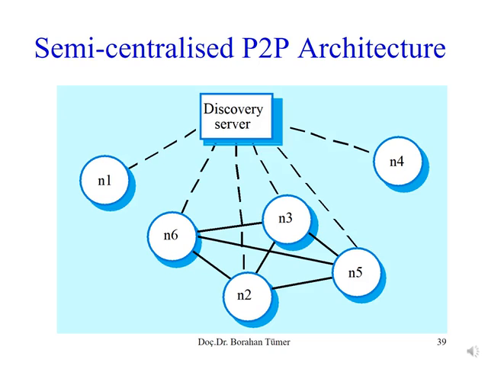For example, if this diagram represents an instant messaging system, then the network nodes communicate with the server to find out what other nodes are available. Once these are discovered, direct communications can be established and the connection to the server is unnecessary. Therefore, nodes N2, N3, N5, and N6 are in direct communication.